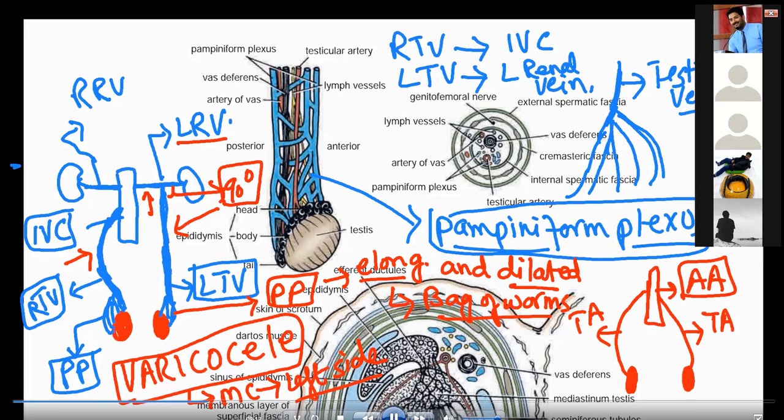So there is more chance of backward flow of the blood, and when there is more chance of backward flow, the pampiniform plexus veins become elongated and dilated, resulting in a condition known as varicocele. And varicocele, please remember, is most commonly left sided.